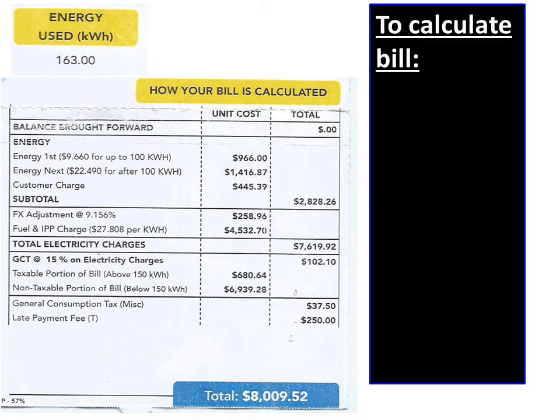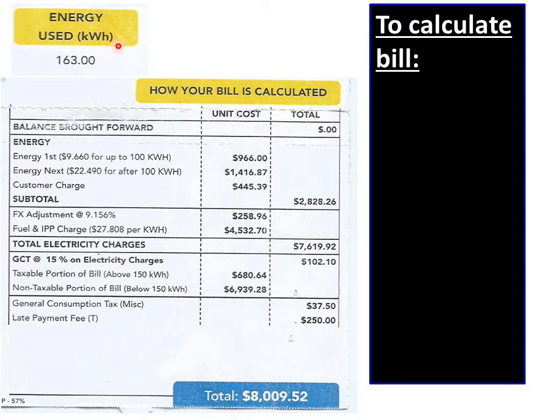All right. So we're going to be focusing on how to calculate our bill. And remember, we used up 163 kilowatt. All right. A kilowatt is just a measure of energy. It's what we use to measure energy.